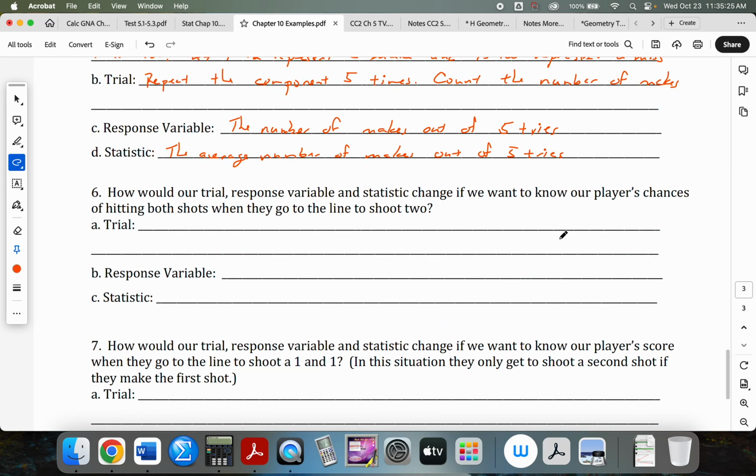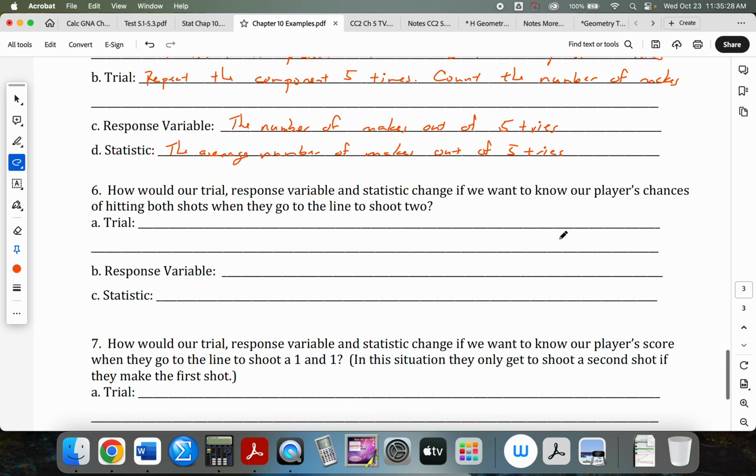So our trial would be to repeat the component twice, then record whether they were both makes or not.